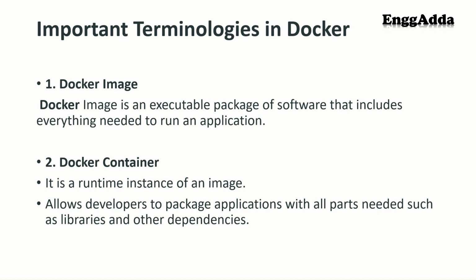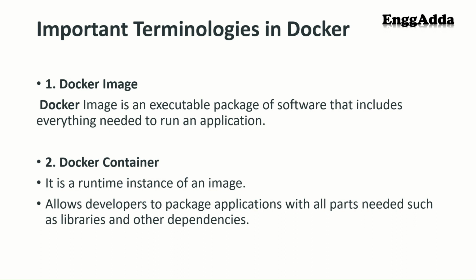I'm using MySQL as the database, so it requires the MySQL driver. So the Docker image makes an executable package of everything, the application as well as its dependencies, so that we can run that image in virtual environments. That is what a Docker image is.